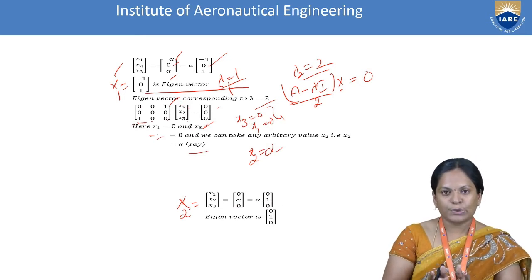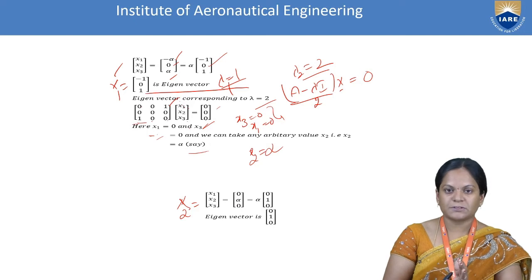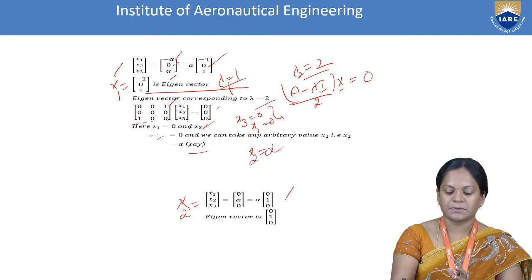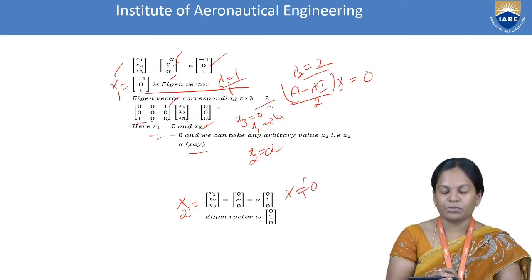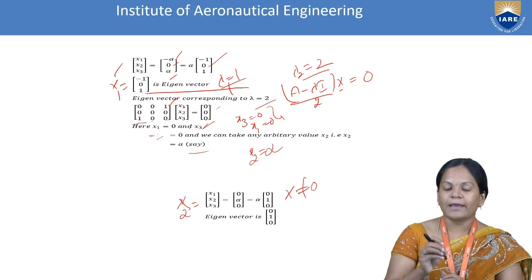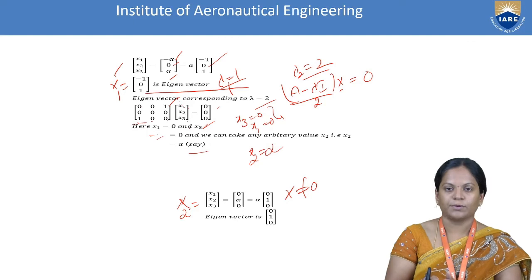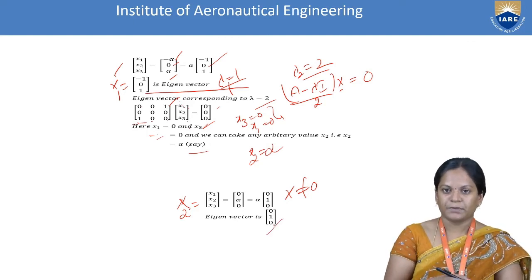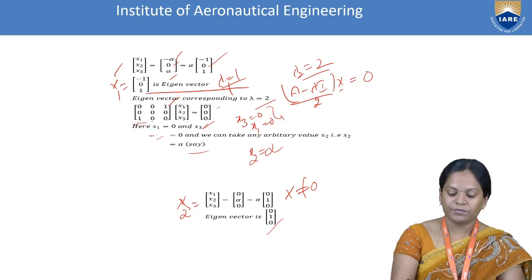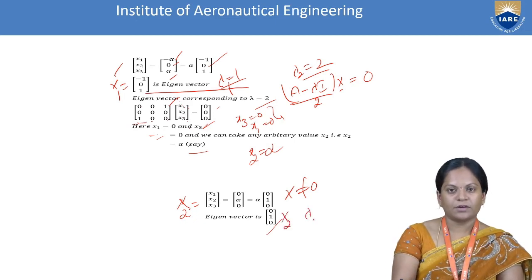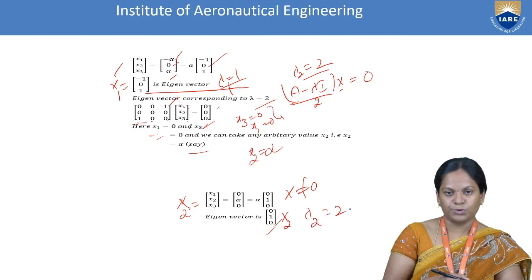Already we know that the eigenvector must be a non-zero vector. X must be not equal to 0, that is, at least one element or one entry in that matrix should be not equal to 0. So the second eigenvector is 0, 1, 0. This is the second eigenvector corresponding to the eigenvalue lambda 2 equal to 2.